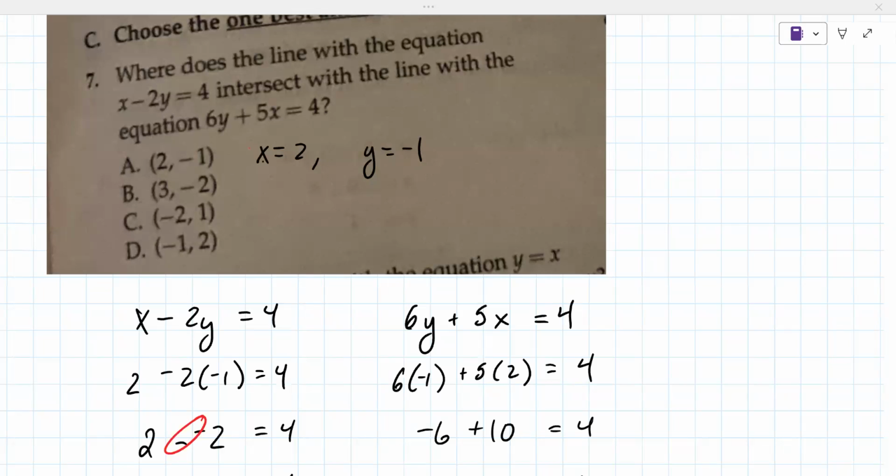Let me see if I can find another one. I'm confused on how to do this. Okay.